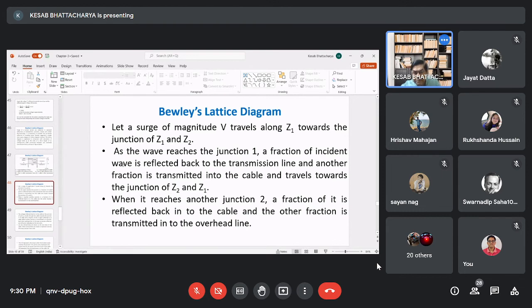Do you understand these points? And when it reaches the other junction Z2, a fraction of it is reflected back into the cable and the other fraction is transmitted into the overhead line. Do you understand this point? These we have already discussed.